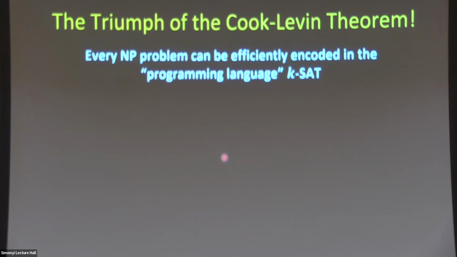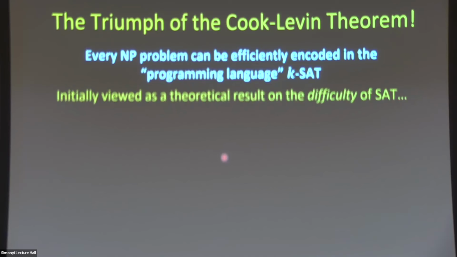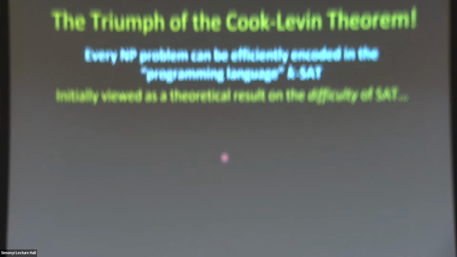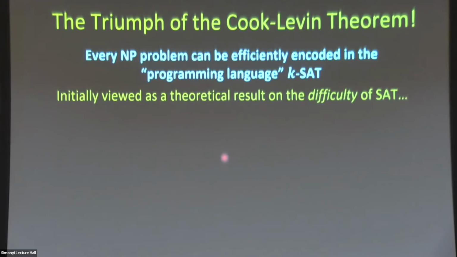Let's say the problem of 3-coloring a graph. Let's pick another NP-complete problem. It can be encoded in Boolean logic. So this is some viewpoint of why SAT can express all of these other problems inside of it.